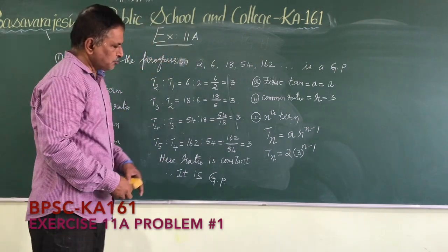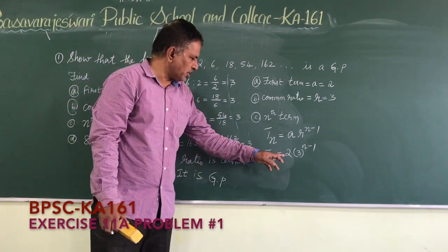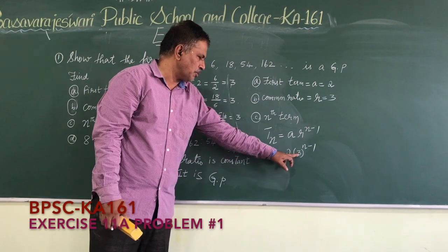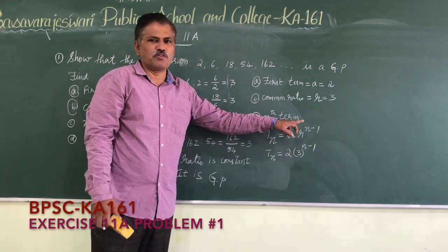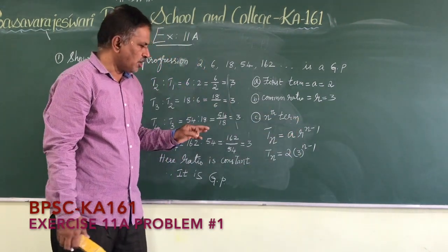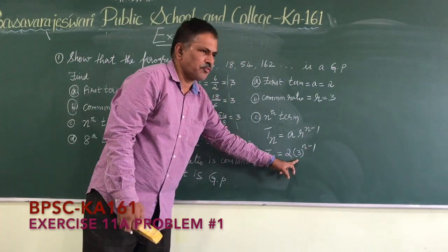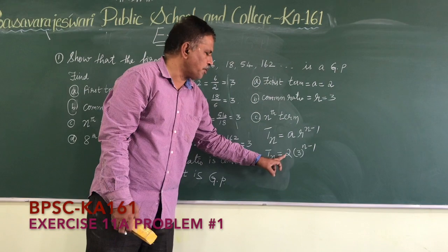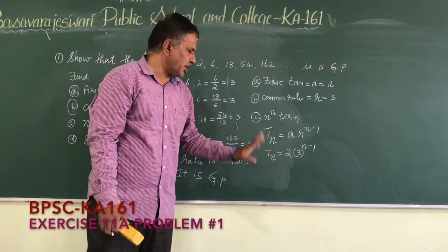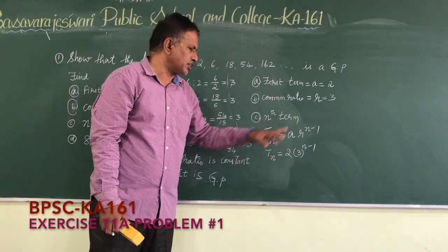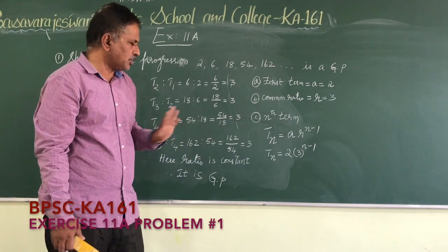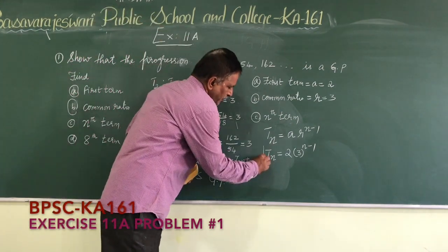Remember, I observed that most of the students multiply these two: 2 into 3, 6, 6 to the power of n minus 1. It is wrong. First, you have to find the value of 3 to the power of n minus 1. That value should be multiplied with the 2. That is the right procedure. Don't multiply these two and write 6 to the power of n minus 1. It is wrong. So we got the nth term.